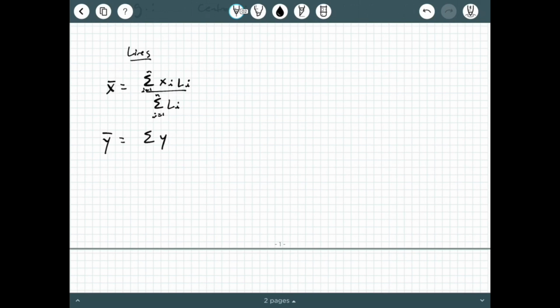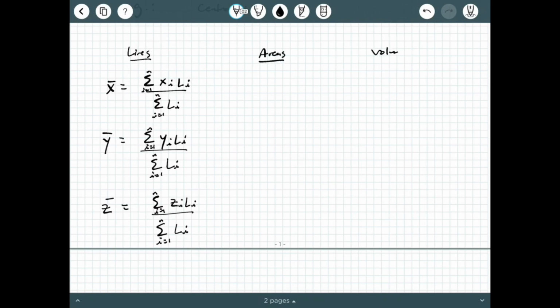And then y bar equals summation of y sub i L sub i divided by summation of L sub i, i goes from 1 to n. And then z bar equals summation of z sub i L sub i over summation of L sub i, i goes from 1 to n. So these are the summation versions of those integrals.